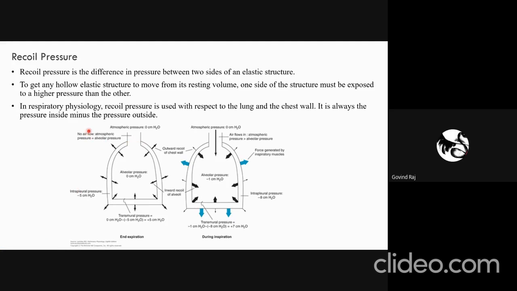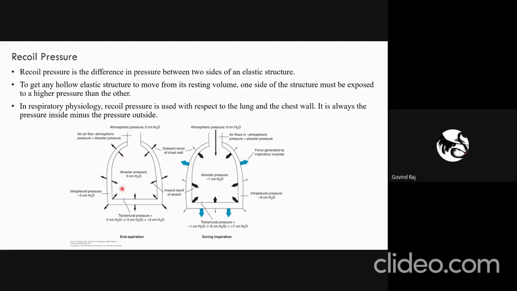Okay, if we look at this diagram, this is the end expiratory stage, that is, after we have expired. Expired does not mean we are dead, it means we have exhaled the air. So what pressures are playing here?